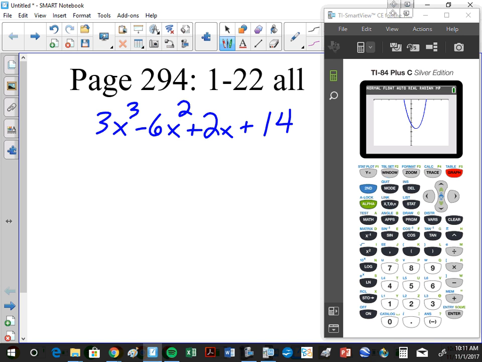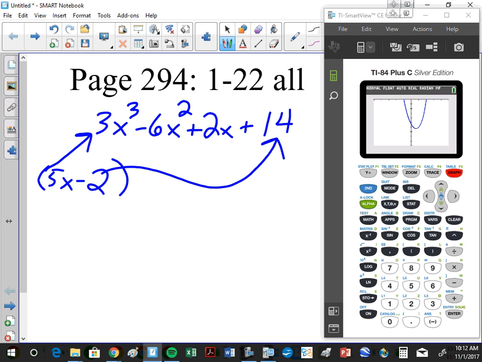Yes. The answers might be fractions, but could it be 2/5? Why not? Could my factor be 5x minus 2? So does 2 go into 14? Yes. But does 5 go into 3? No.